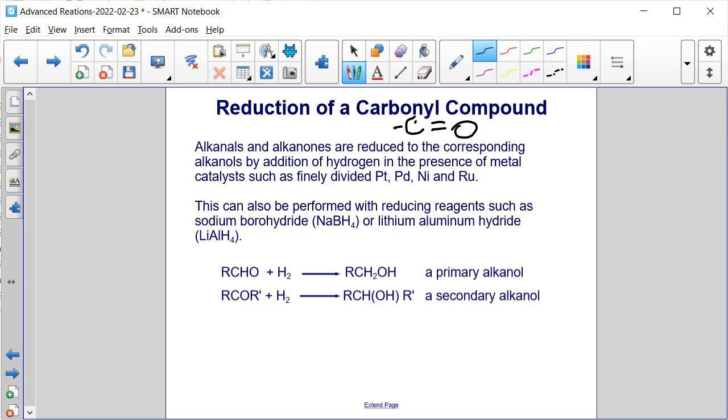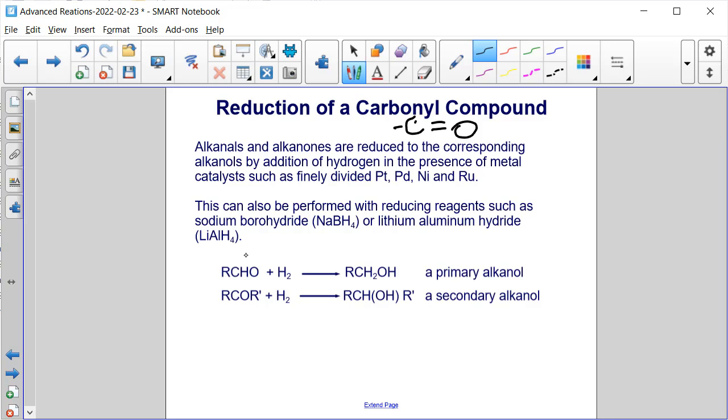So here's a couple of examples for the formation of either primary or secondary alkanols. So if we start with this material, RCHO, so again, carbon single bonded to the R group, single bonded to the H group, double bonded to the oxygen, so that we have a carbonyl group. In the presence of hydrogen and a metal catalyst of some kind, we reduce this double bond.